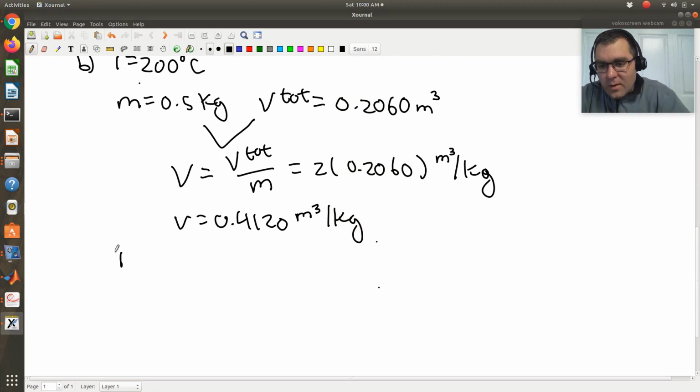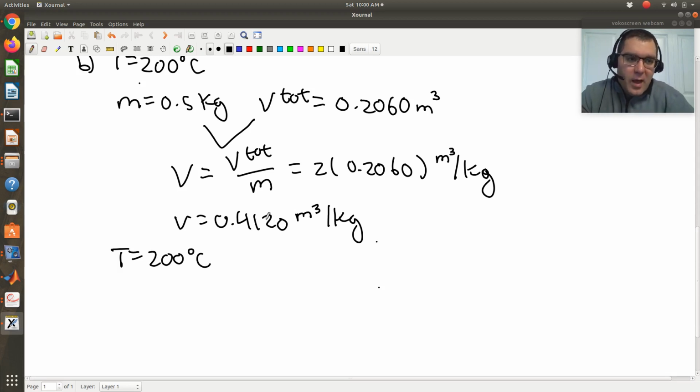Again, we're at a temperature of 200 degrees C, and what we're trying to figure out is the pressure. When I looked at the saturation tables at 200 degrees C, we had a specific volume of the liquid and vapor. Our volume was greater than the specific volume of the vapor. What that tells me is I'm not at two-phase equilibrium. Why?